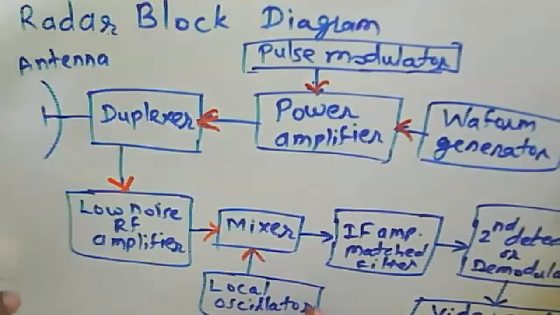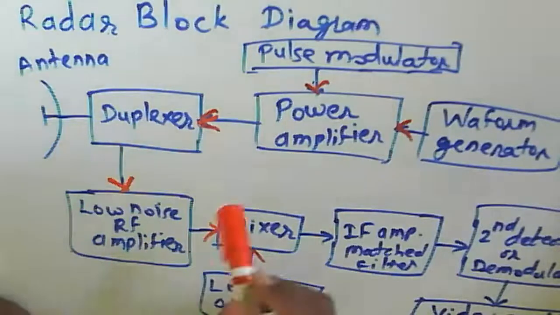If you compare all the other devices, a klystron or a traveling wave amplifier or a magnetron, in that case the magnetron is used mostly because it generates a pulse of a fixed frequency. So that's why most radars are using a magnetron as a transmitter, or generator.